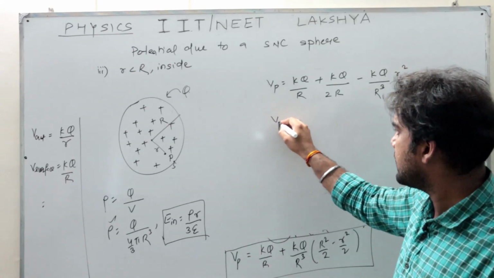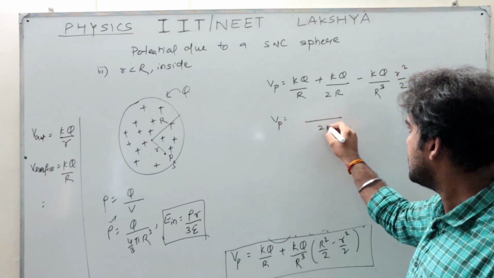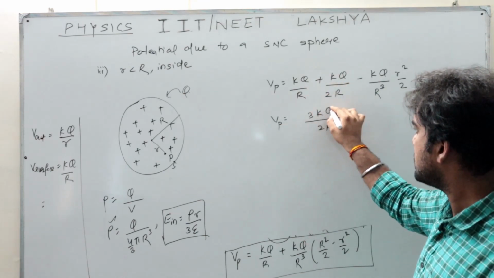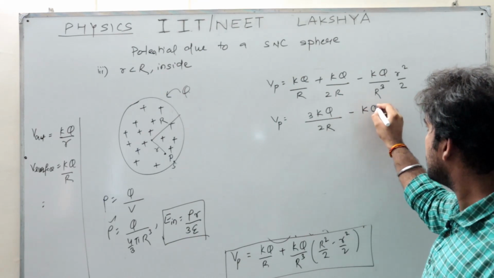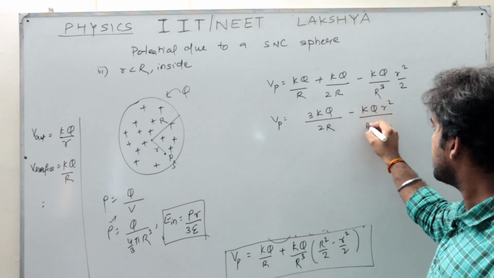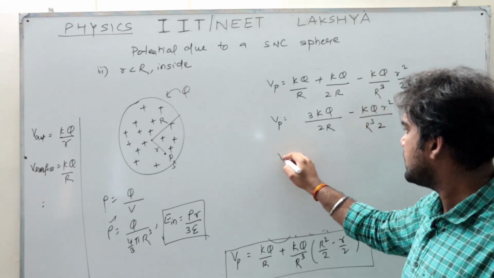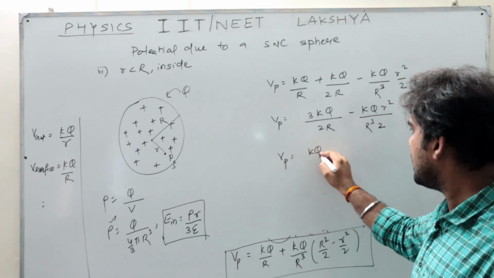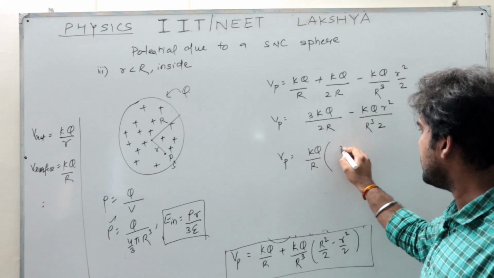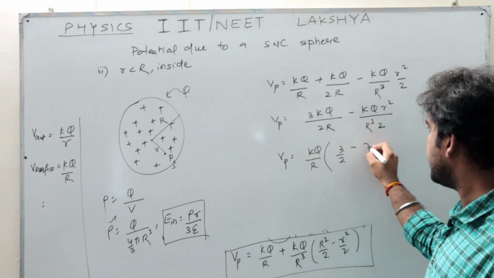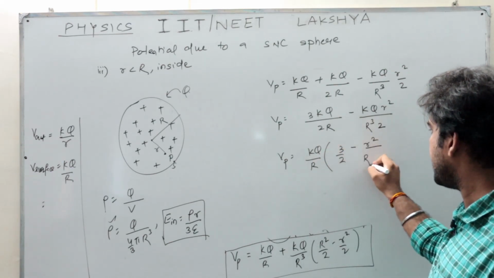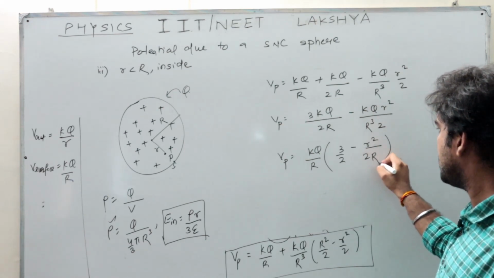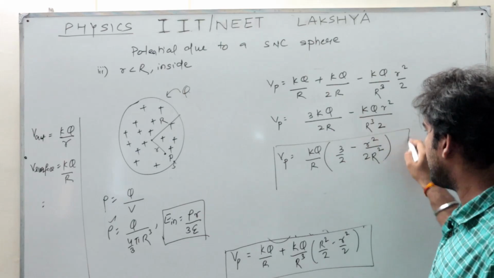So Vp, LCM is how much? 2R, and 2 plus 1 is 3. So 3Kq minus Kq r square by R cube 2. So Vp can be written this way: 3, Kq we can take common, or Kq by R itself I can take common, 3 by 2 minus r square by capital R square 2, or I might write 2R square. This is the formula for the inside point.